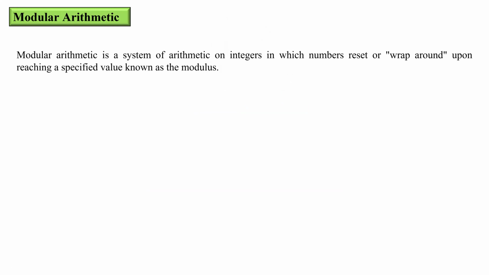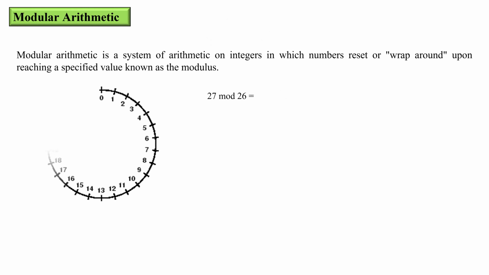For instance, when we want to compute 27 mod 26, it is like drawing a circle starting from 0 until 25. To compute 27 mod 26, we start from 0 and count, turning around this circle to reach the target value.